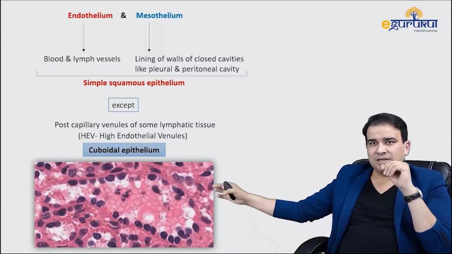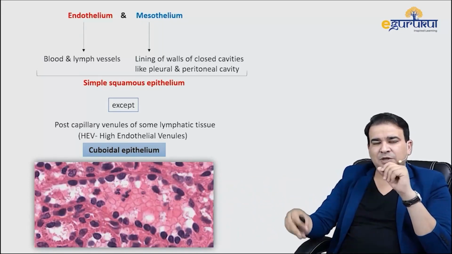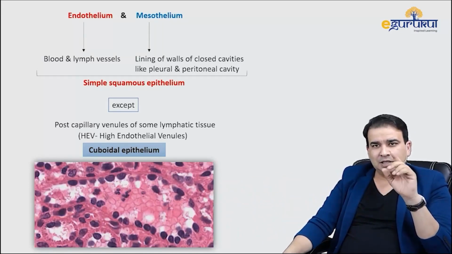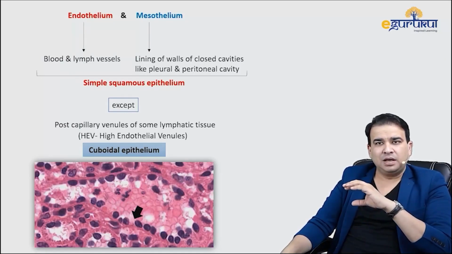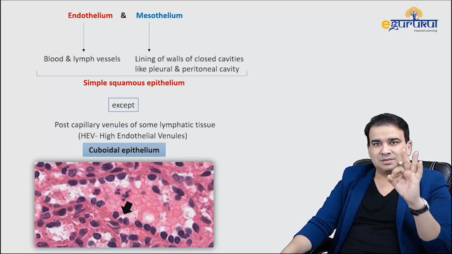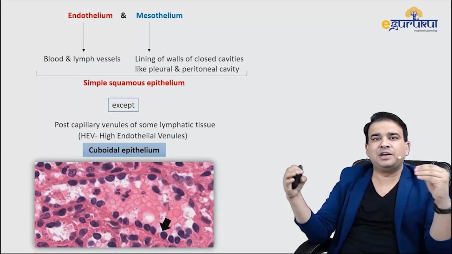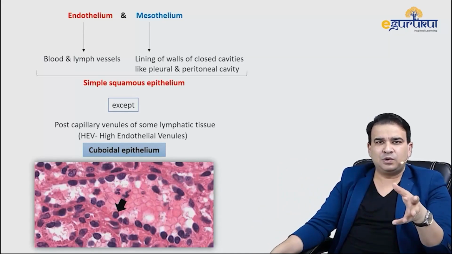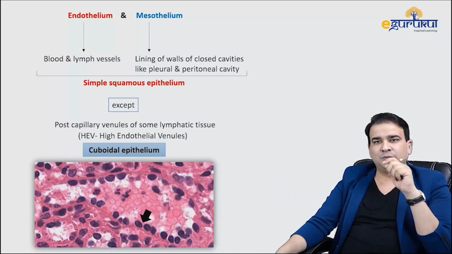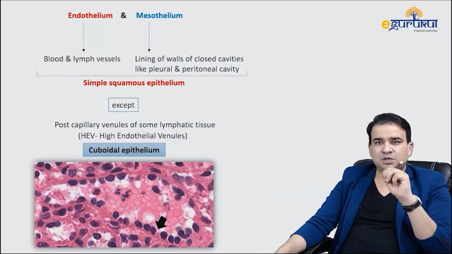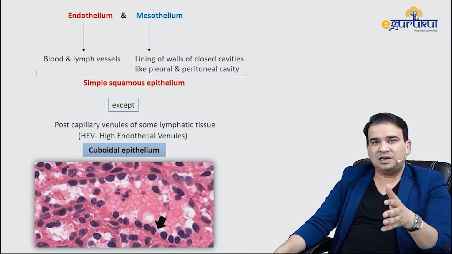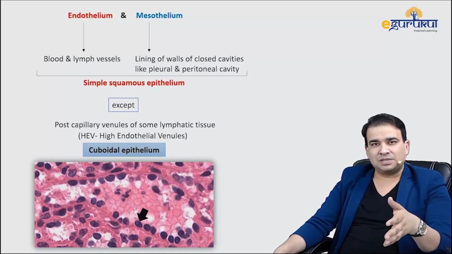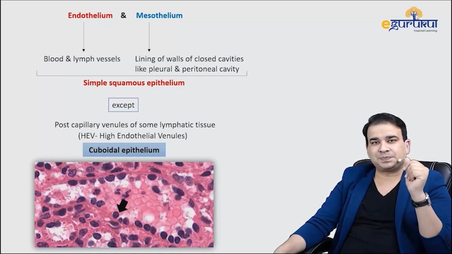It is a magnified section through a venule, and the cells lining the wall of the venule are not squamous, they are cuboidal. How do you identify they are cuboidal? By the round nucleus. They have a round central nucleus rather than a flattened nucleus, which is the typical feature of any venule, except the post-capillary venules in certain lymphatics. So a question can be, in which kind of endothelium is the lining not squamous, and that is high endothelial venules.